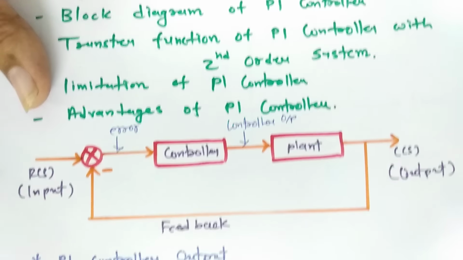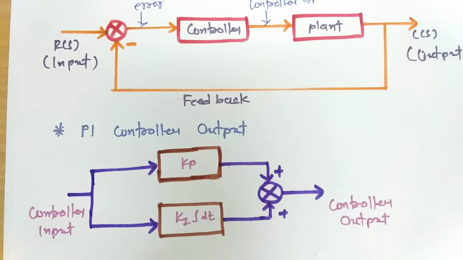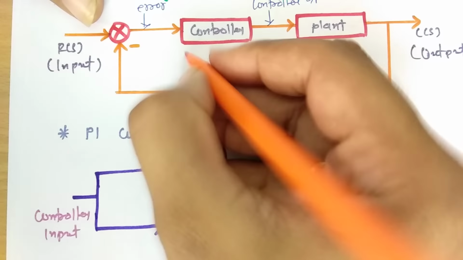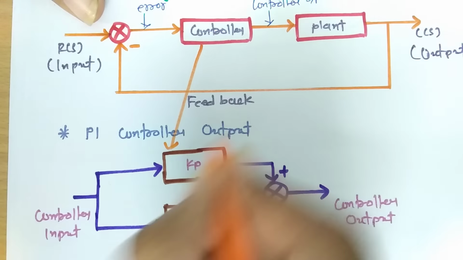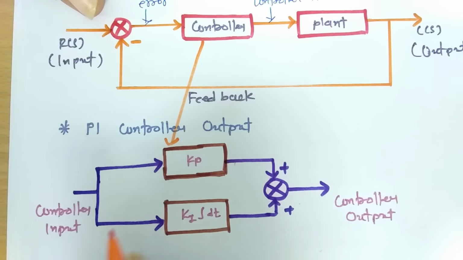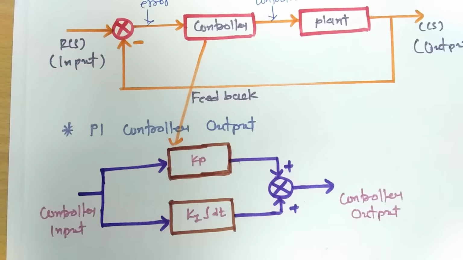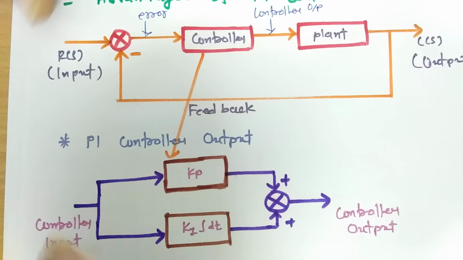So here for a controller part, I am replacing this controller part by PI controller right now. So here controller input, that is what error signal, as I have told.